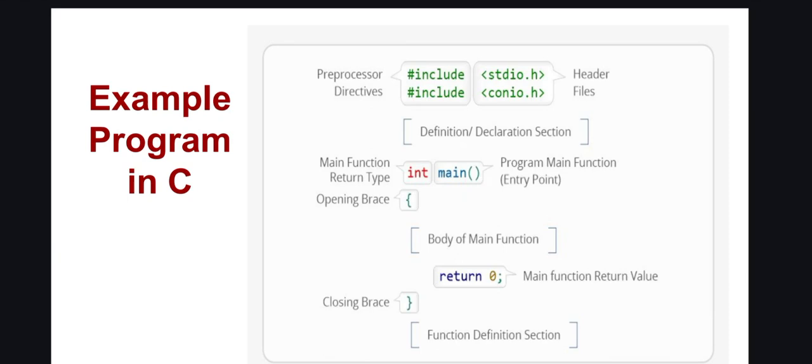So here you need to remember, if you are writing the return type as void before the main function, then there is no need to represent return 0 before ending of the main function.